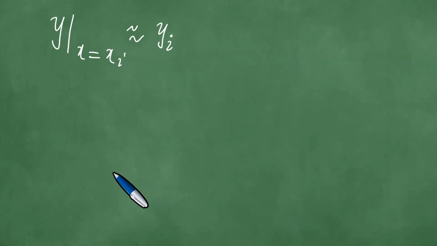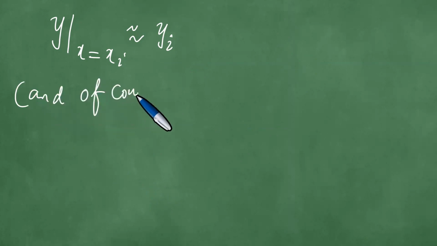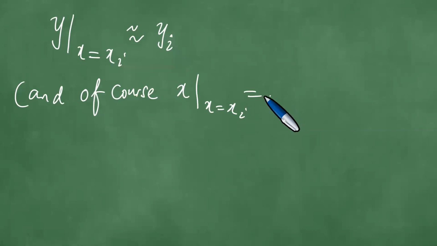With these, we must mention that x itself evaluated at x equals xi is actually x sub i.